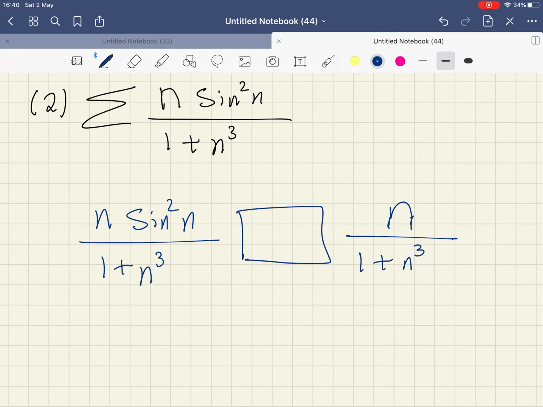The next step is we compare it with n cubed, sorry, so this is 1 over n squared, and then you compare them. Try it at home and let me know if this is the correct one and the series is going to converge. The next one will be the limit comparison test.